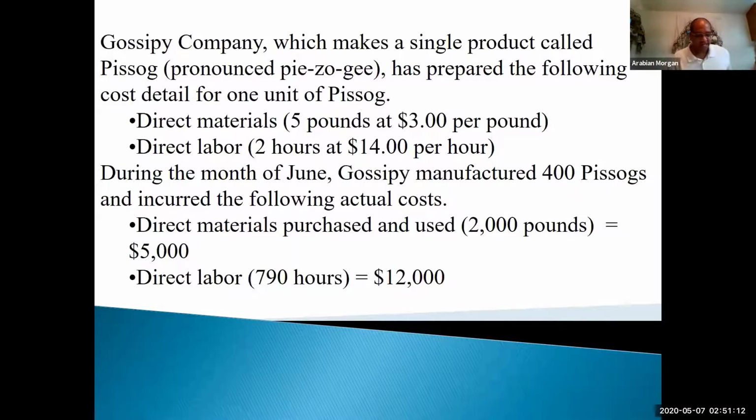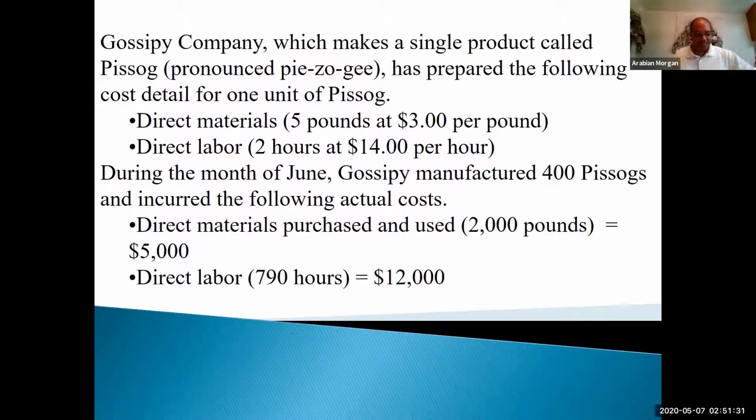It goes on to say, during the month of June, Gossipy manufactured 400 Paizojis, and they incurred the following actual costs. So now we're about to get into the actual information, what actually happened in the real world once they began manufacturing.